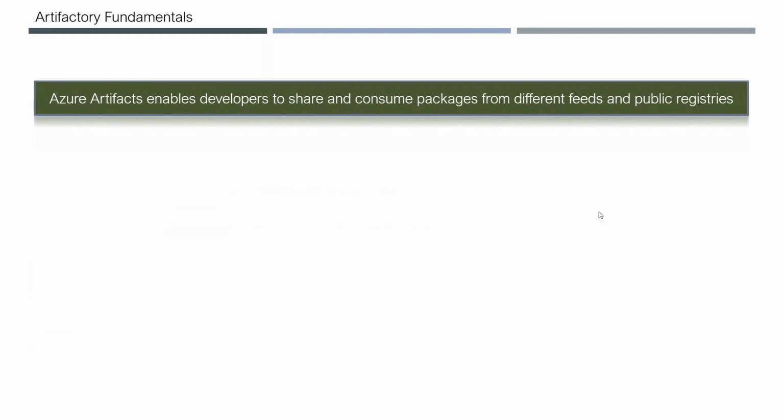What is it for? It is for developers to share and consume packages from different feeds and public registries. If you remember, we have NuGet in our .NET projects. From the NuGet repository, we download all the reusable components. The example you can remember is Selenium.